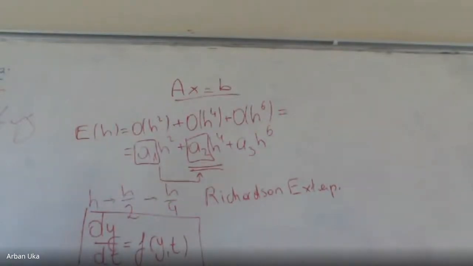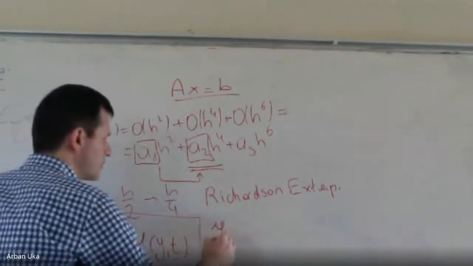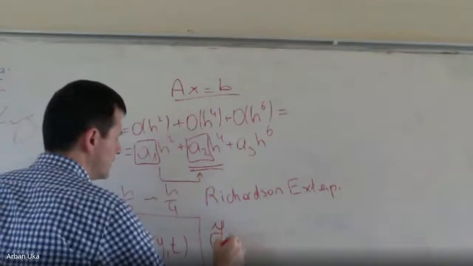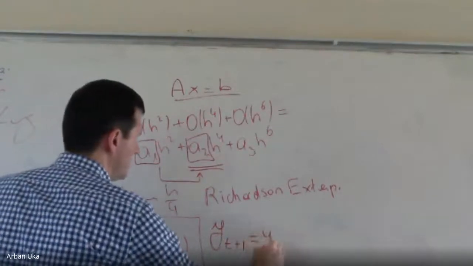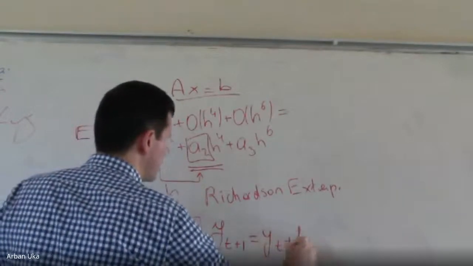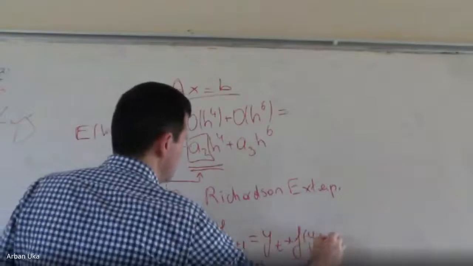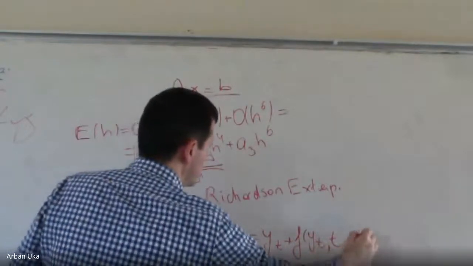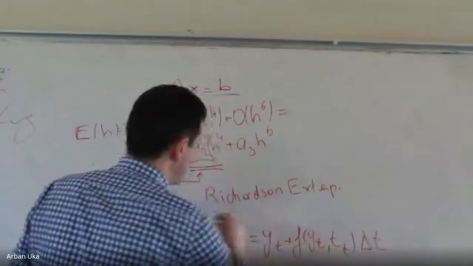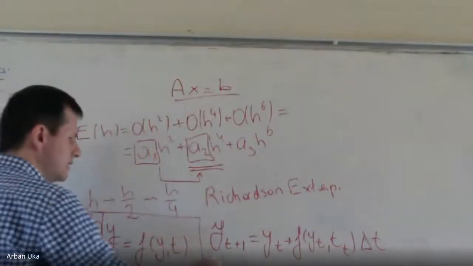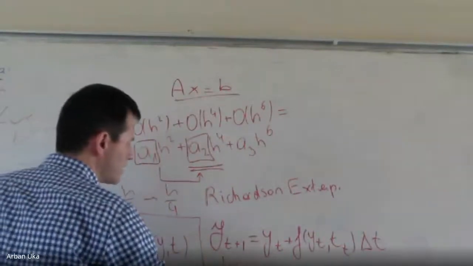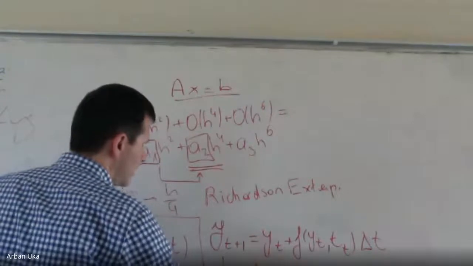And the idea, the solution, it was always of this form: y t plus 1 would be equal to yt plus the function of yt pt times delta t. Now this delta t can be considered also as the h.